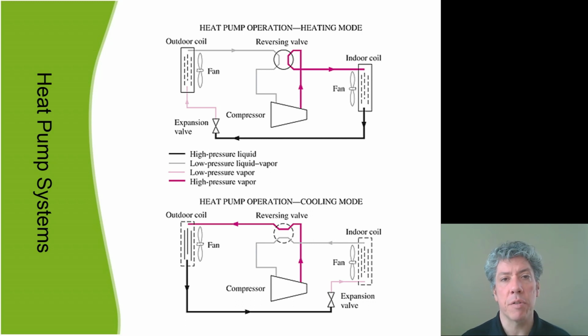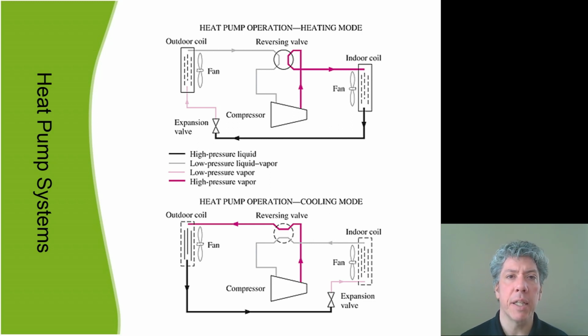I mean, you can, it'll work just fine. But when you really want heat is when it's cold outside, and cold outside means typically below freezing. And so most heat pumps will actually take the refrigerant and expand it to the point where it's below the freezing point of water. And so the refrigerant then goes through the outdoor coil, and of course any remaining water in the air vapor outside ends up freezing on the coil.